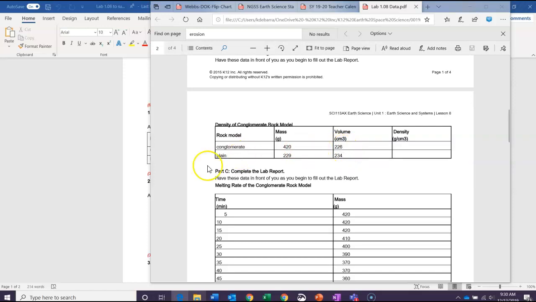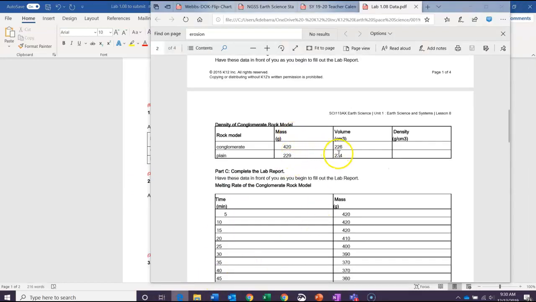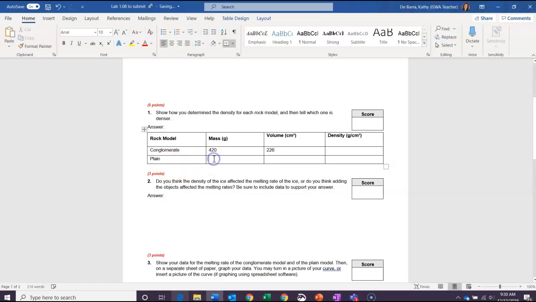So 420 and 226, I'm going to enter that in here. And then let me go back and see, it was 229 and 234. And then to get that answer, you just need to divide the two numbers.